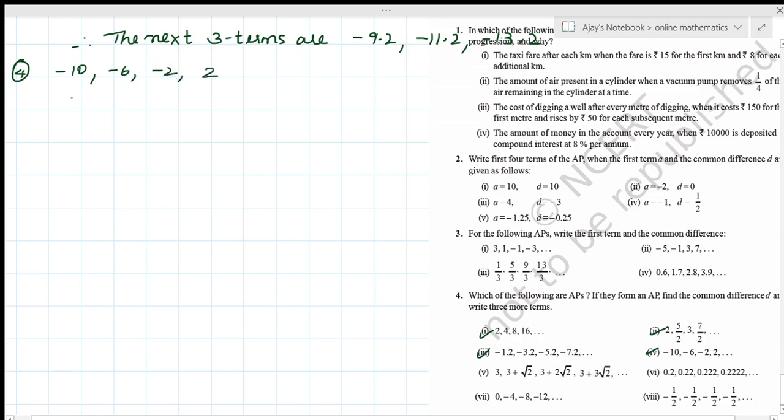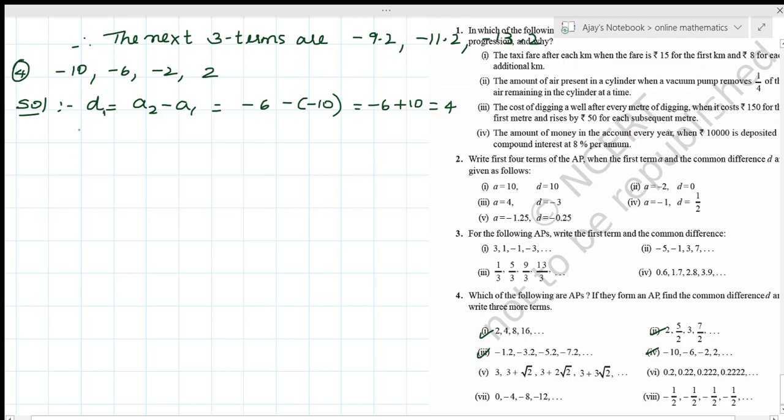First we have to check whether it is an AP or not. To check AP, we have to find the common difference, A2 minus A1. So A2 minus A1 is minus 6 plus of minus of minus 10. So it turns out to be minus 6 plus 10, which is equivalent to 4.